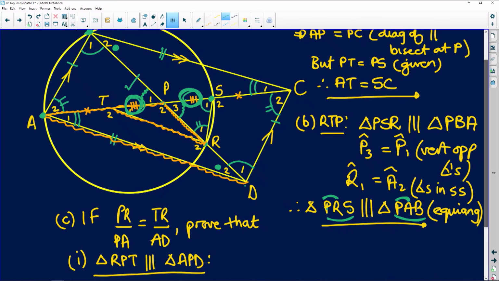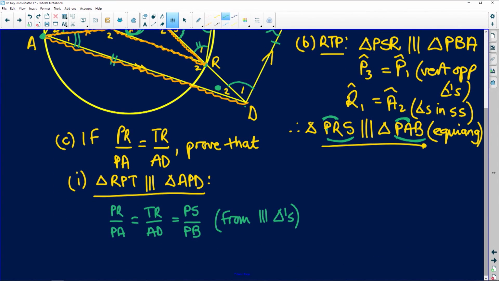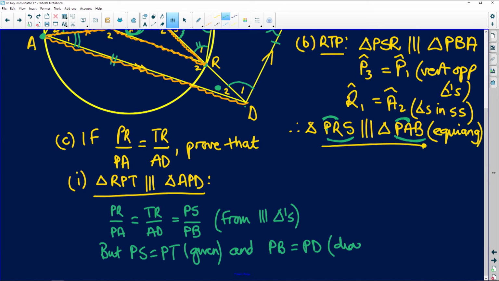I knew nothing about SR, so that would not have helped. Okay, let's have a look. So we can now say that PS is equal to PT, that was given to us, and also we know that PB is equal to PD. Diagonals of a parallelogram bisect each other.